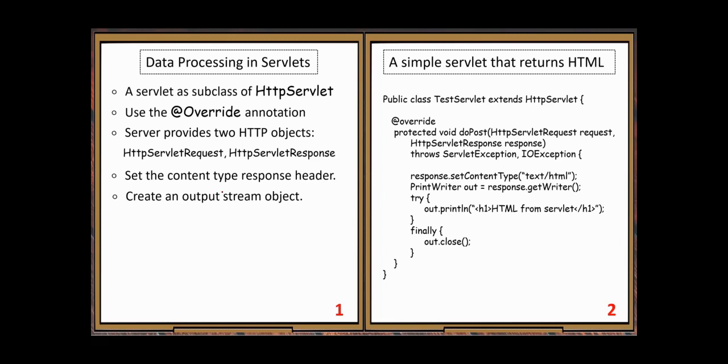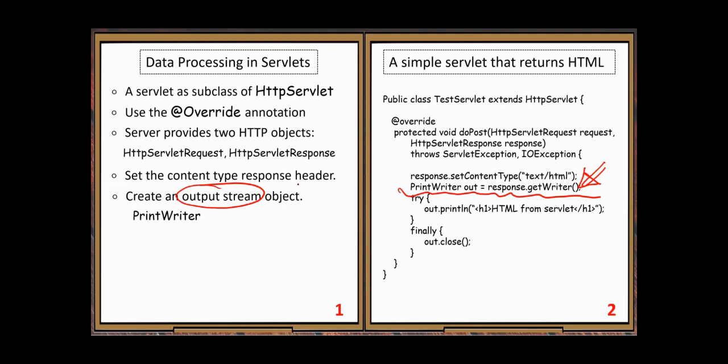The connection object is of this form, an output stream object. So it's a stream object. Here we use this line, PrintWriter out = response.getWriter. This will return this output stream object, so you can write output.